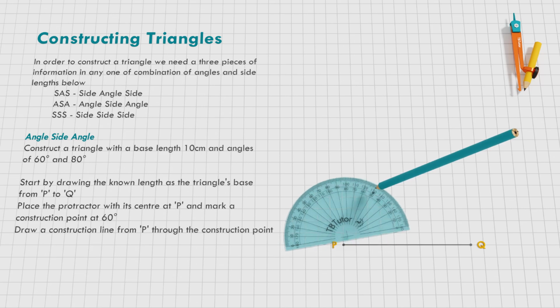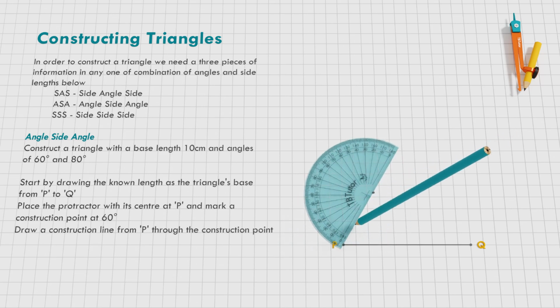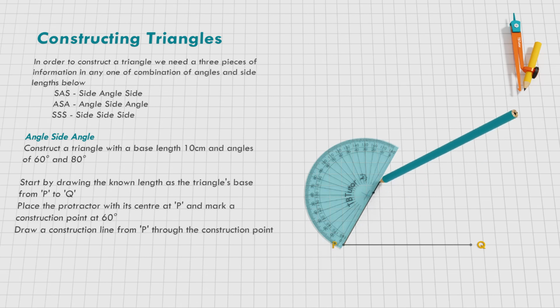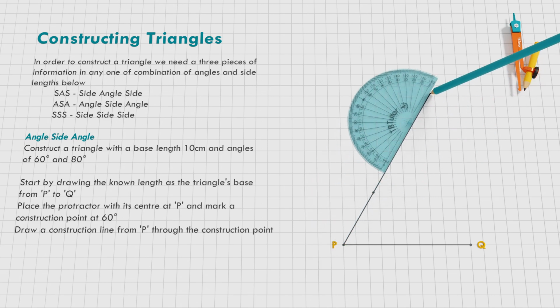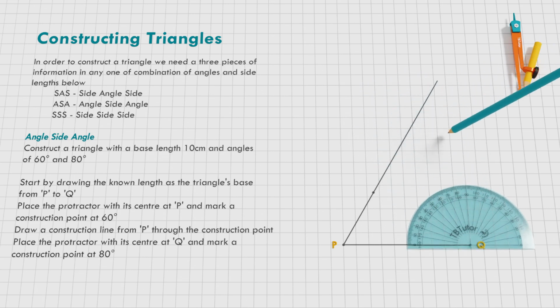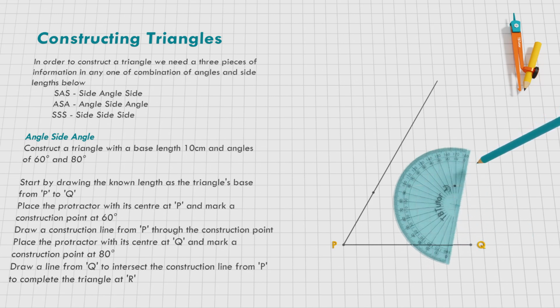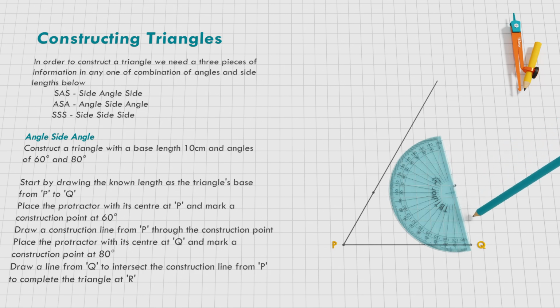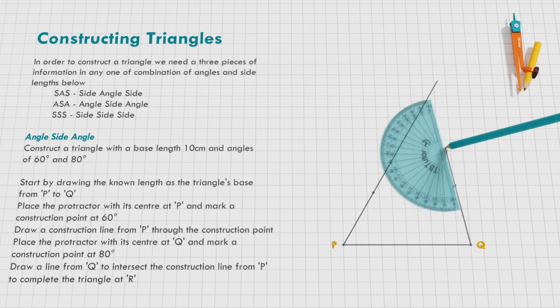Draw a construction line from P through the construction point. Place the protractor with its center at Q and mark a construction point at 80 degrees. Draw a line from Q to intersect the construction line from P to complete the triangle at R.